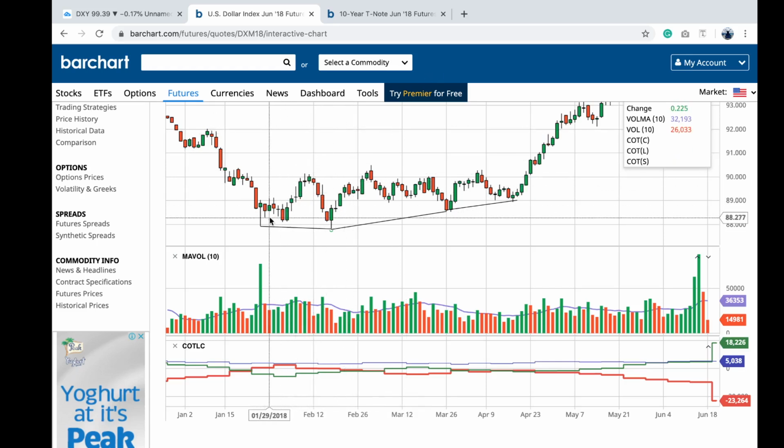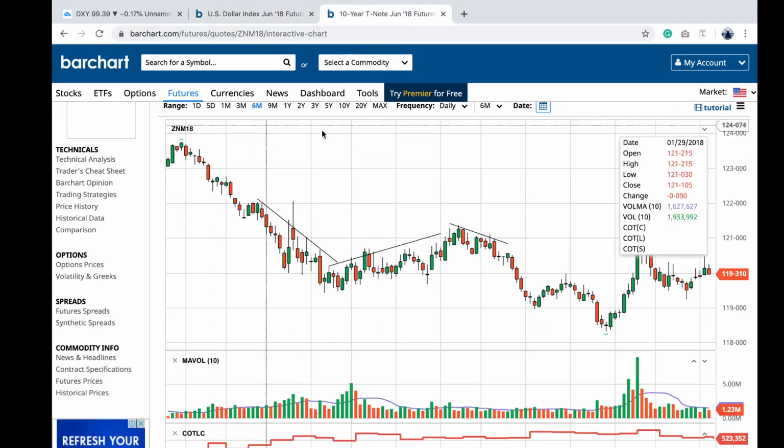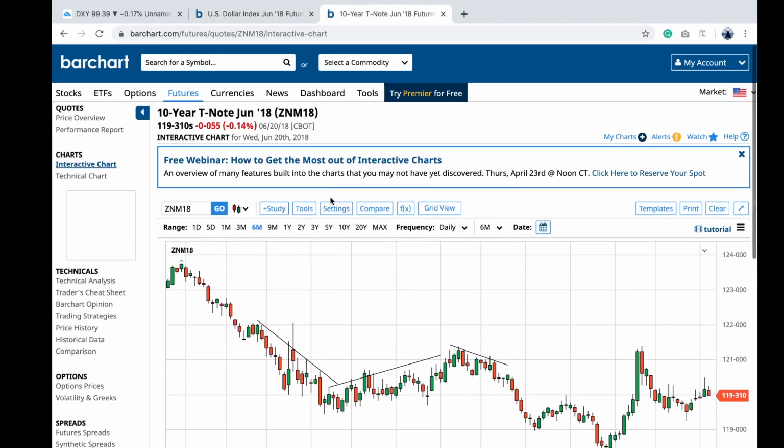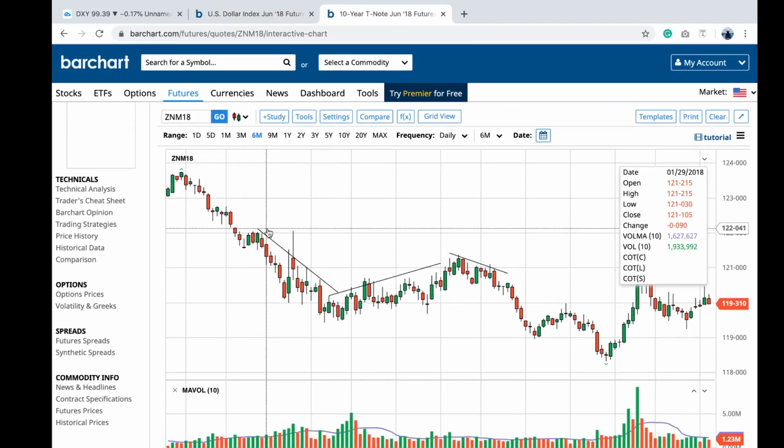So if the DXY is making a lower low, you want to see the 10-year treasury note make a higher high to show that divergence you want to see between the dollar futures contract and the 10-year treasury note. Okay, but now between January 25th to February 16th, DXY was making a lower low, and if you check the 10-year treasury notes, right? So that was making a lower high.